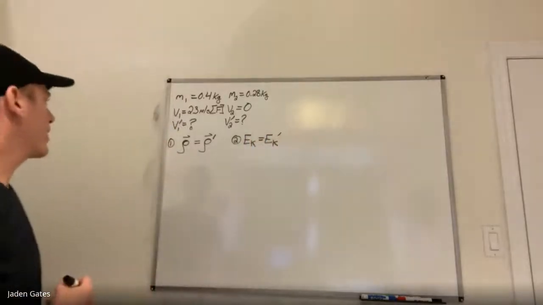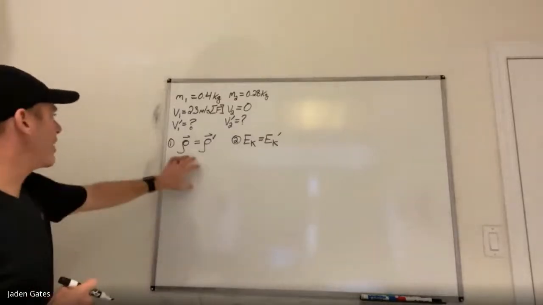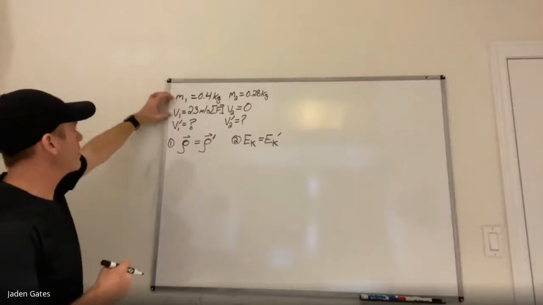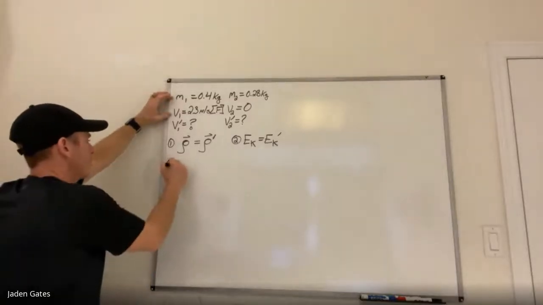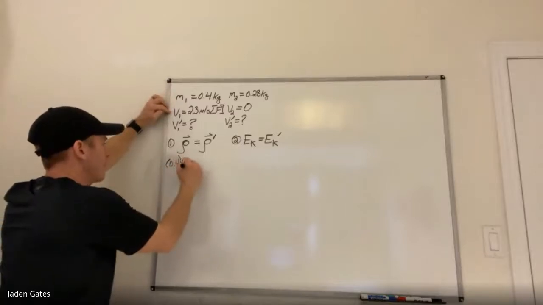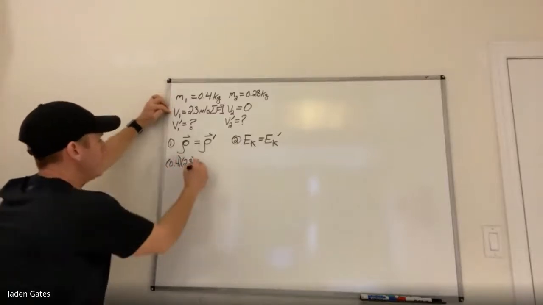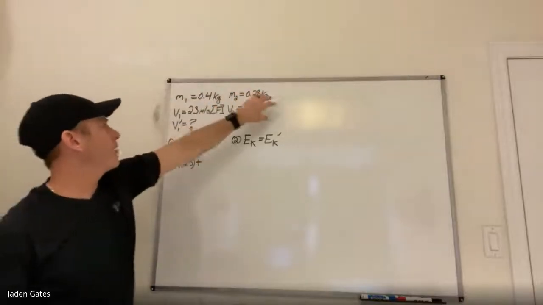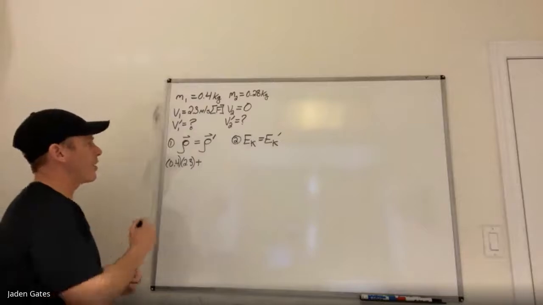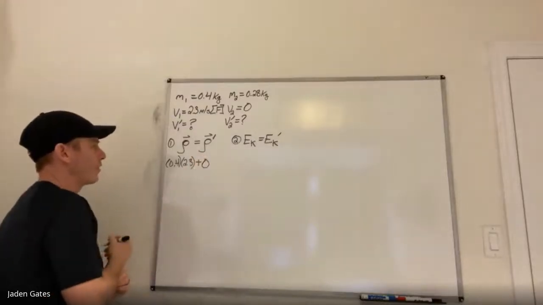So again, I'm going to substitute in these values. My initial momentum is M1 times V1. So there's 0.4 times my 2.3, plus the momentum of the second object. But since the initial velocity of the second object is 0, we get a 0 there.